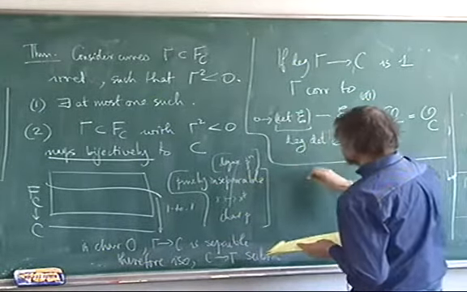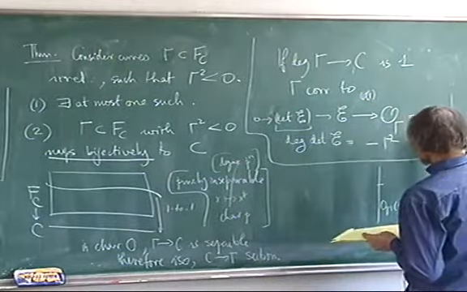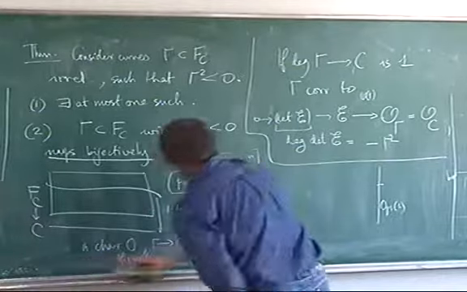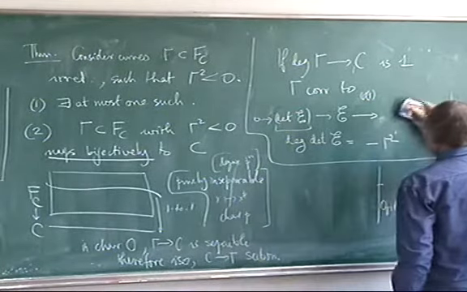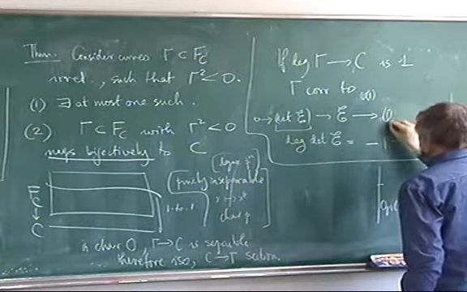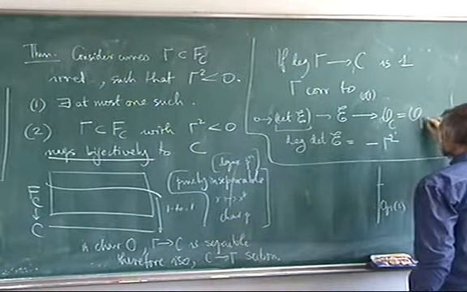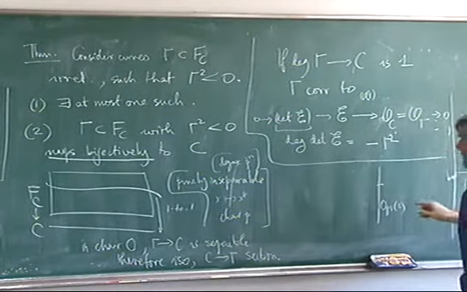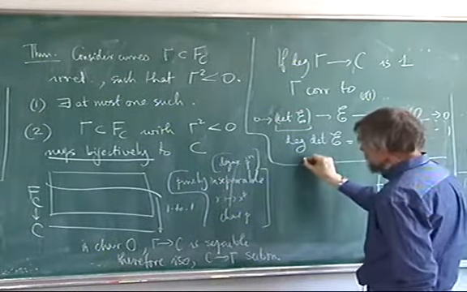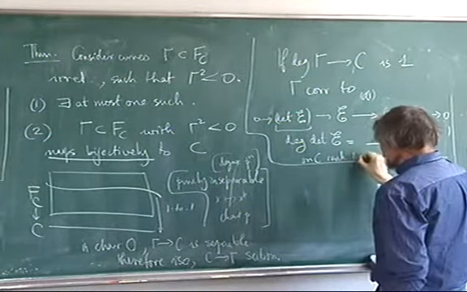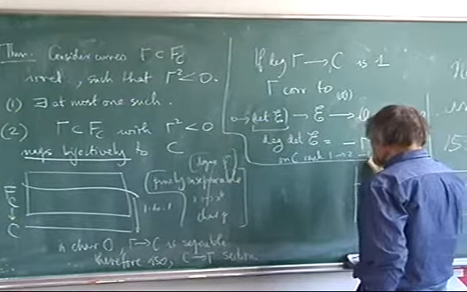If you restrict everything over C. Yeah. So this is on C. On C, these are rank 1, 2, 1. Okay.